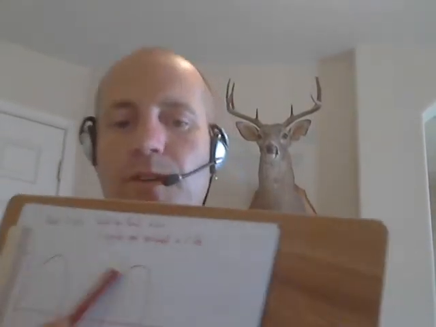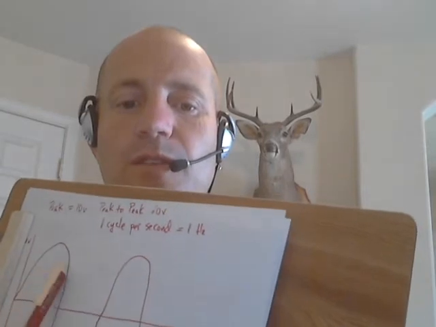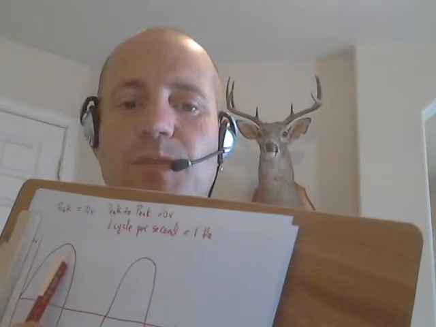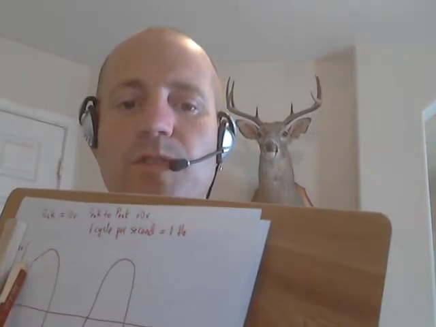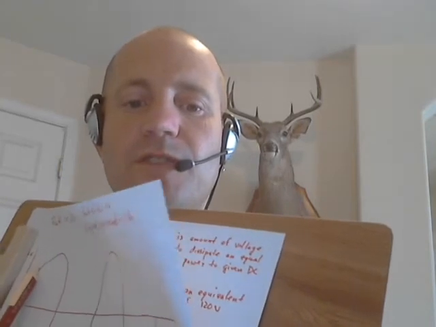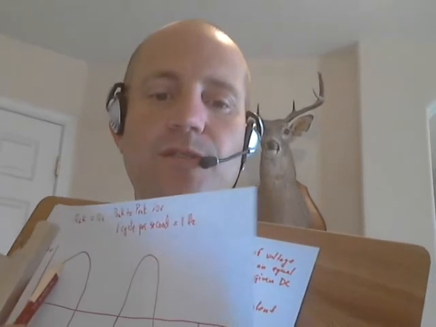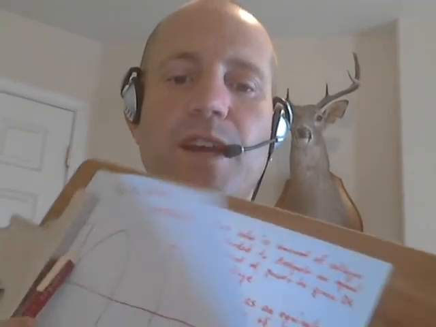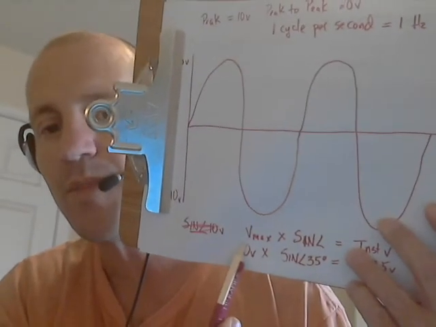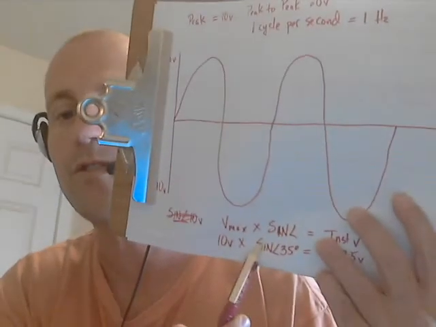Okay, so if I want to find out what my voltage is at any given point along this wavy line, I can just take the maximum peak voltage and multiply that by the sine of the angle of rotation. So let's say that I want to find out what the instantaneous voltage is at 35 degrees of rotation. Well, all I have to do is take my 10 volts maximum, multiply that by the sine function. This is a trigonometry function.